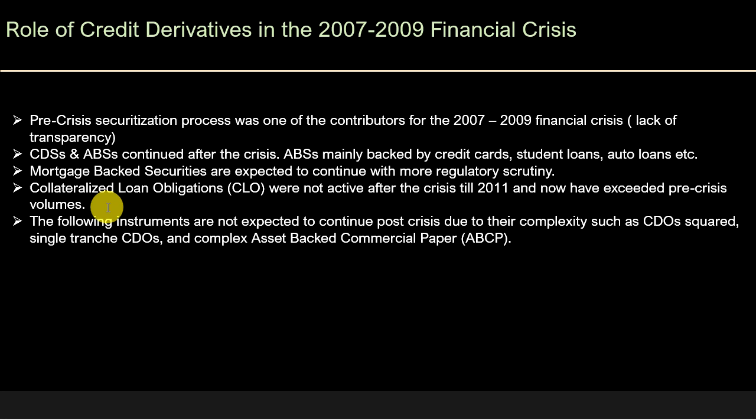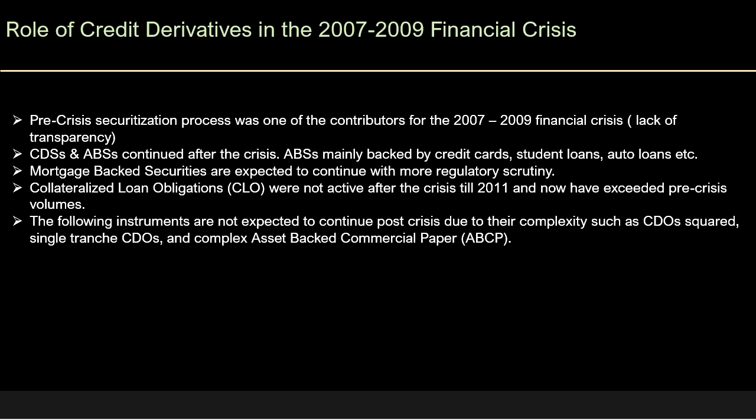Now, some instruments have been discontinued after the crisis, mainly due to their complexity, such as CDOs squared, single tranche CDOs, and complex asset-backed commercial papers. So these are some of the instruments that have been discontinued after the crisis due to their complexity.